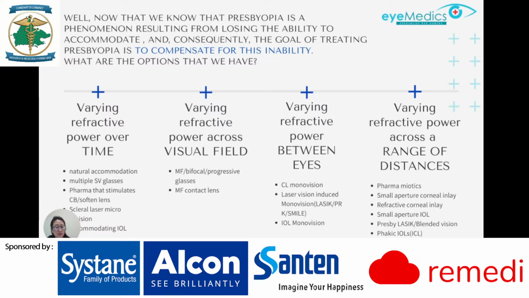The first one will be varying refractive power over time. The second method would be varying refractive power across a different visual field. The third would be varying refractive power between the eyes by employing monovision. The fourth would be varying refractive power across a range of distances.